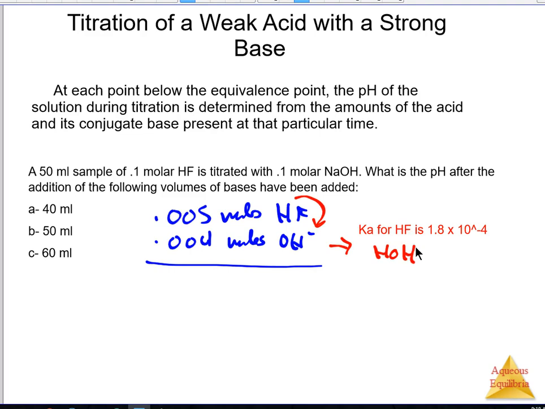And if it's water, neither the H or the OH minus contributes to pH anymore. They're tied to each other, so they don't contribute to the pH. So what's left over then is 0.001 mole of HF, right? You okay with that?